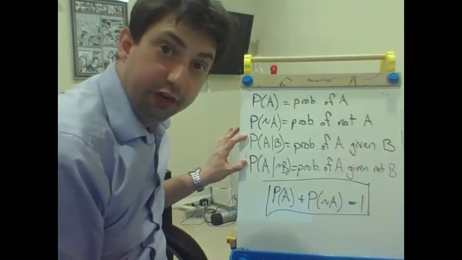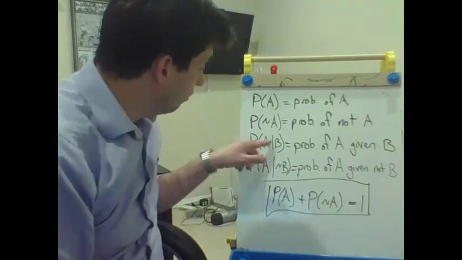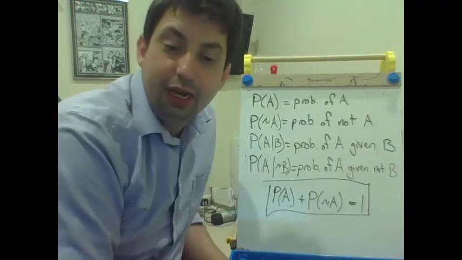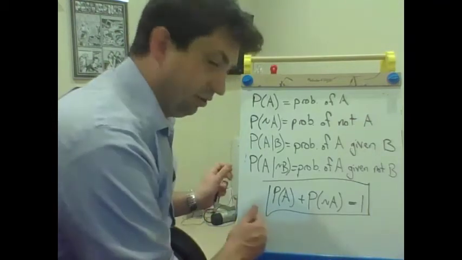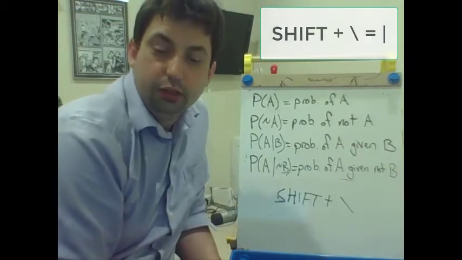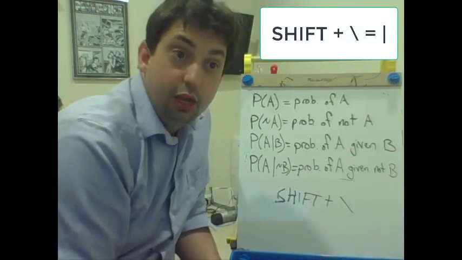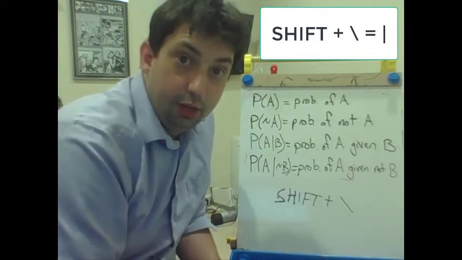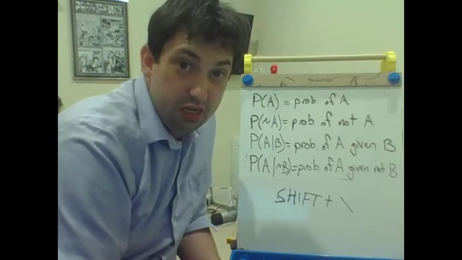These two are conditional probabilities. That vertical line, which you can find if you press Shift plus slash, on most keyboards is the button right above the Enter key.